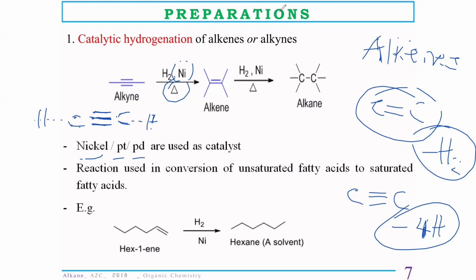In the triple bond, the middle one is the sigma bond and the two side-by-side bonds are the pi bonds.